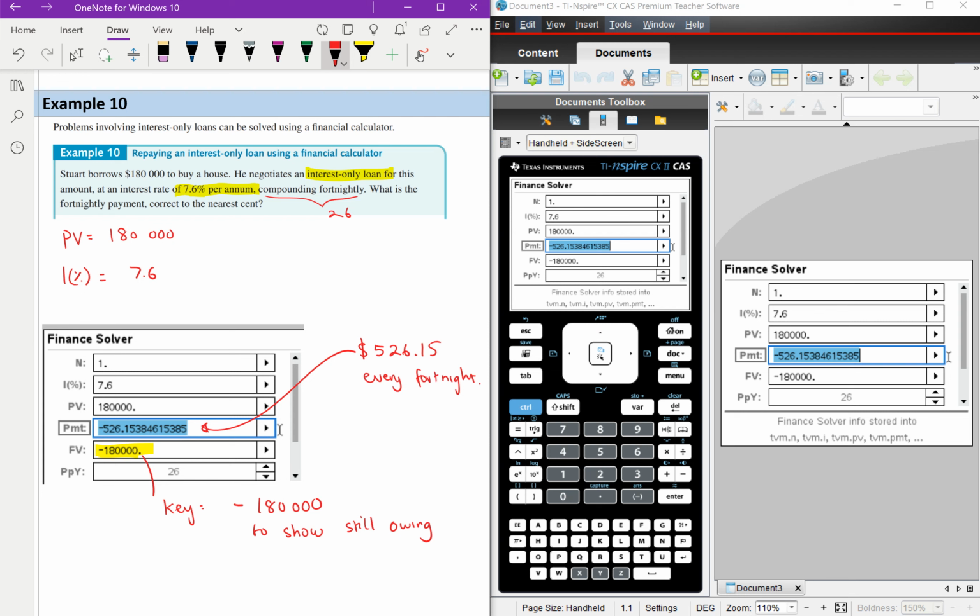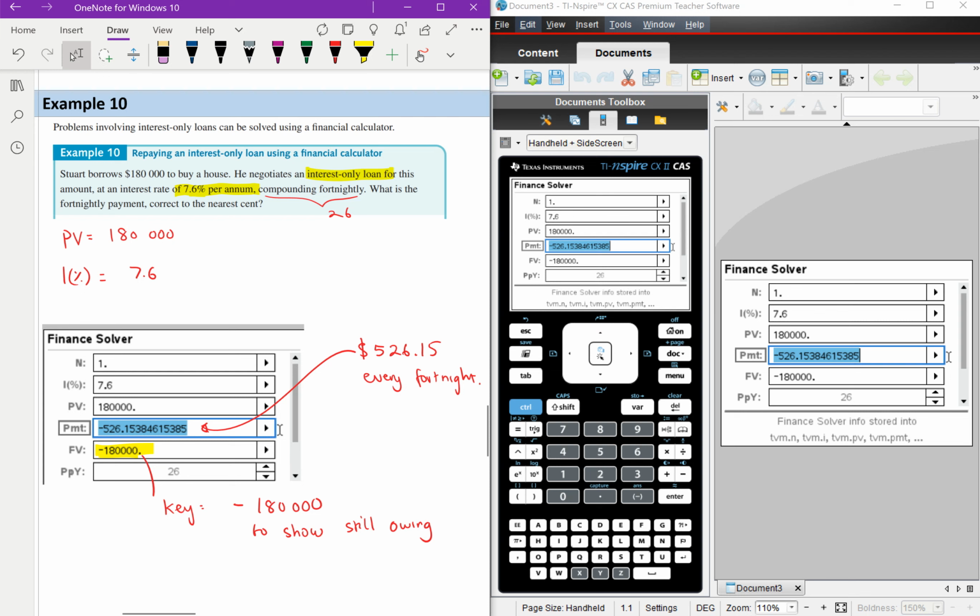Does that make sense? That's how much I need to pay, $526.15 every fortnight, to ensure that I still owe $180,000 and I'm only paying the interest. The finance solver should be able to figure that out for you, providing that you entered all the correct details.